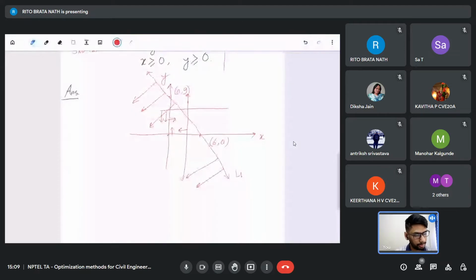So ultimately, the feasible region that you get will be marked by this blue portion. So this portion will be your feasible region.